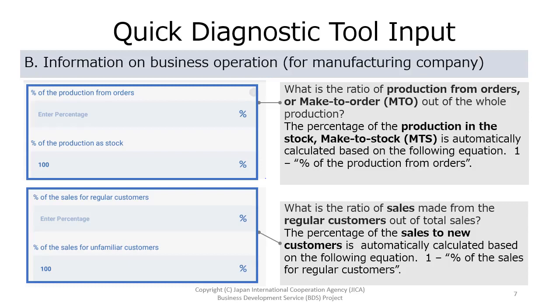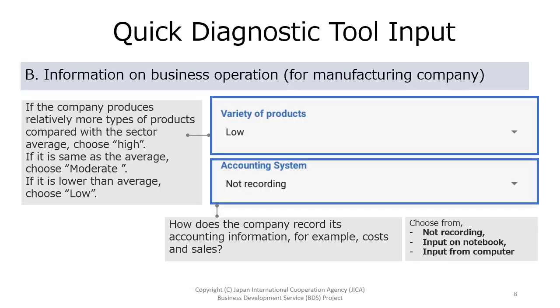When you enter the percentage, customers who are new is automatically calculated, so there is no need to enter a number here either. Check if this MSME has high variety of products or low variety of products and answer the question here. Also, ask how the MSME records accounting information, whether on a notebook or a computer, or whether they're not recording at all, and answer this question.